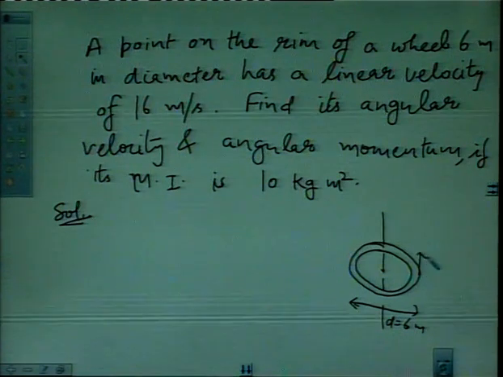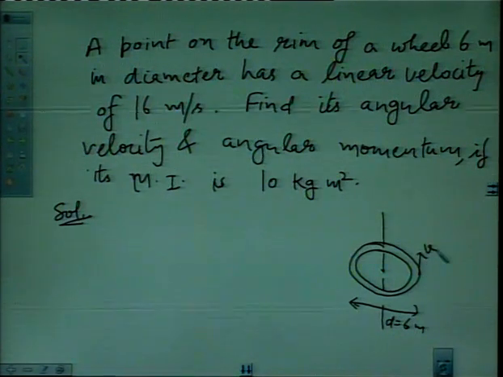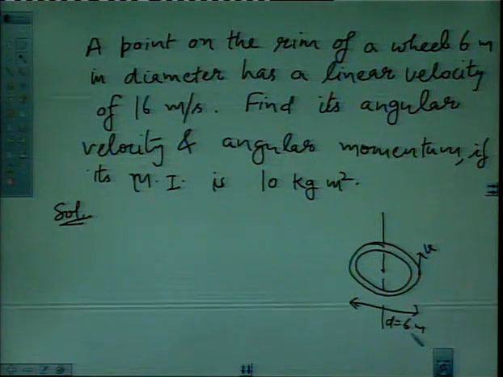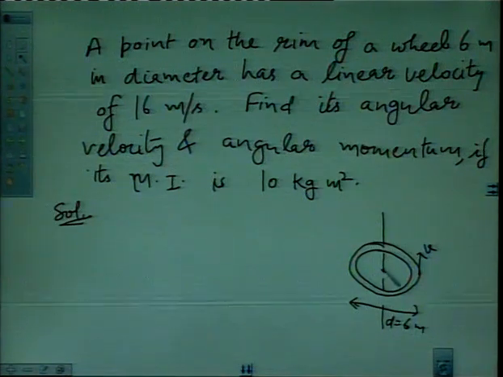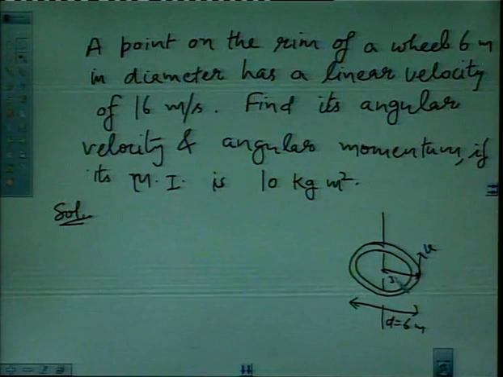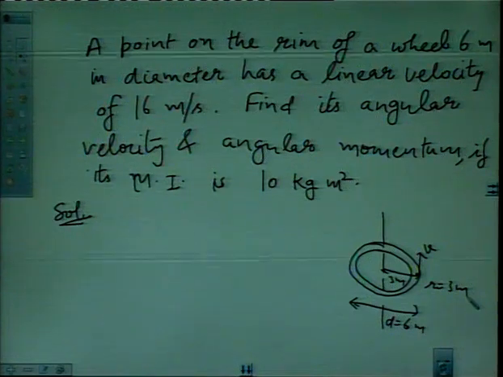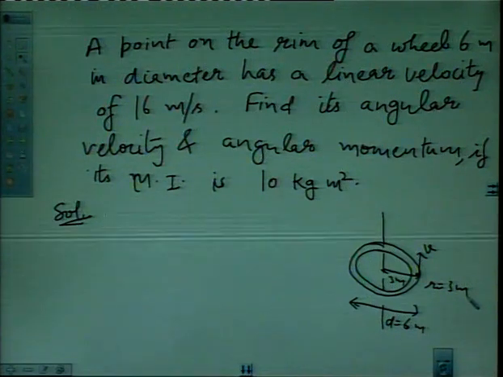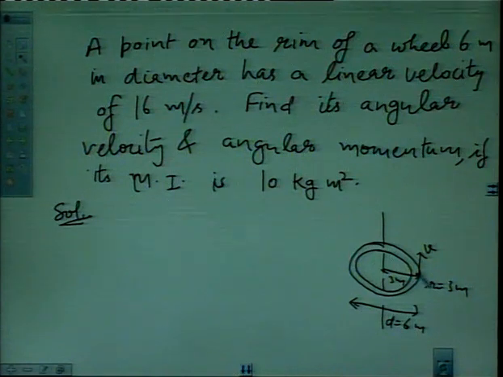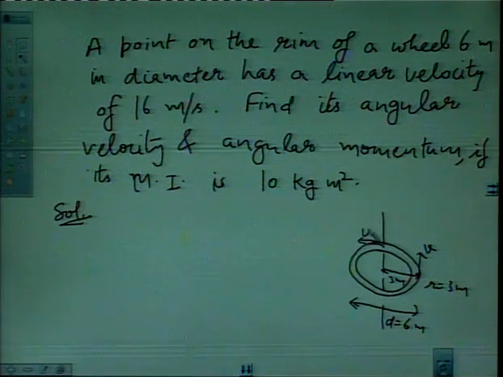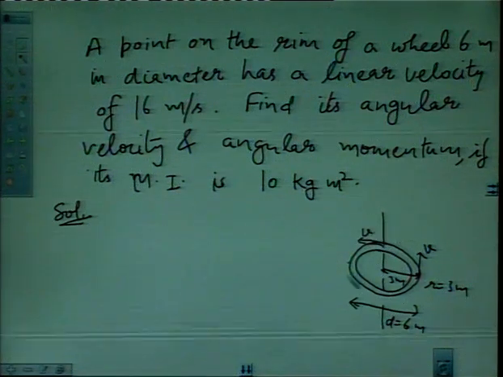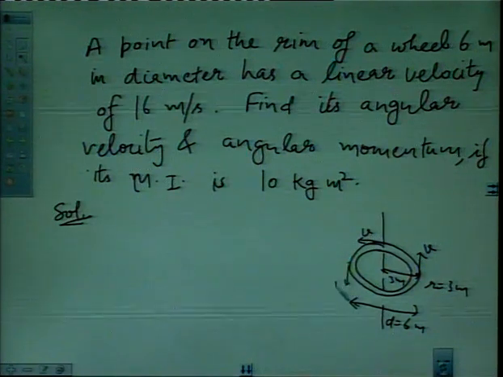Suppose we are taking its linear velocity v. If its diameter is 6 meter, then its radius will be 3 meter. At this point, if it is revolving in the anti-clockwise direction, velocity will be tangential along this direction. At this point, its velocity is downward.